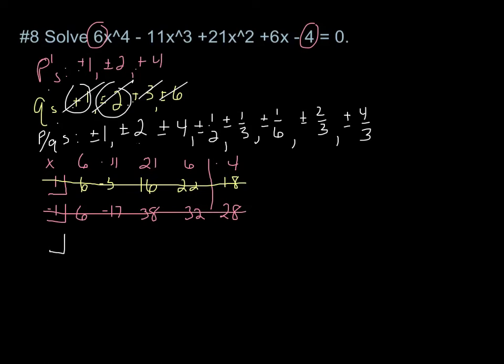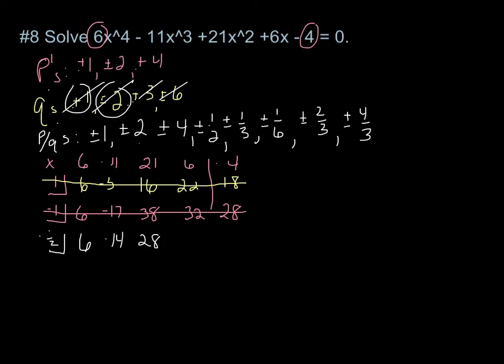All right, let's try negative 1/2. I wonder why Mr. Williams jumped all the way to the 1/2s. Let's try this one. Drop the 6. Negative half of 6 is negative 3, and negative 3 plus negative 11 is negative 14. Negative half of negative 14 is 7. 7 plus 21 is 28.